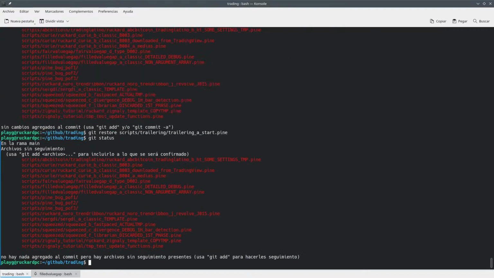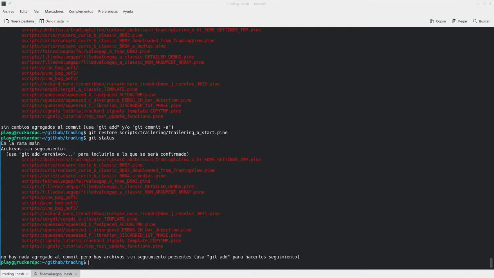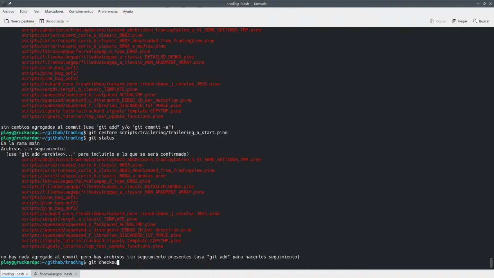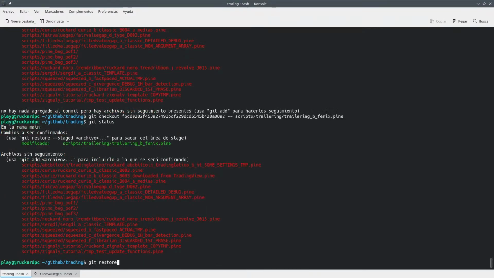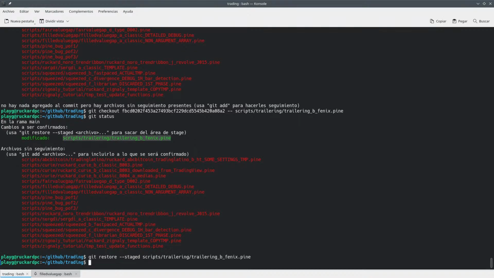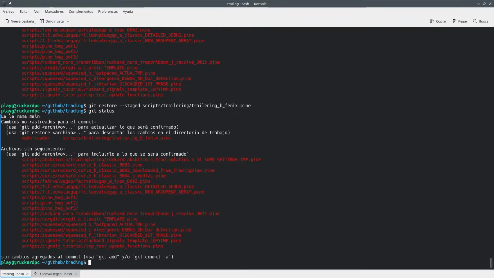Now I'm going to focus on B, which was done step by step. So the first change is using the right name. So let's use this as base. So as I don't want this to be a problem later, I'm going to do it like this.